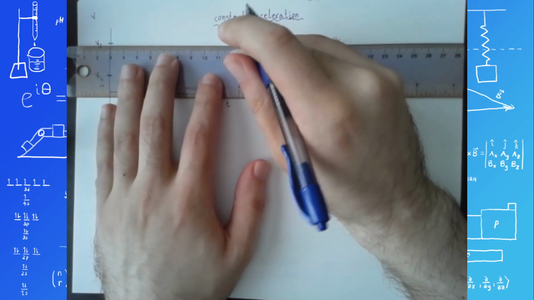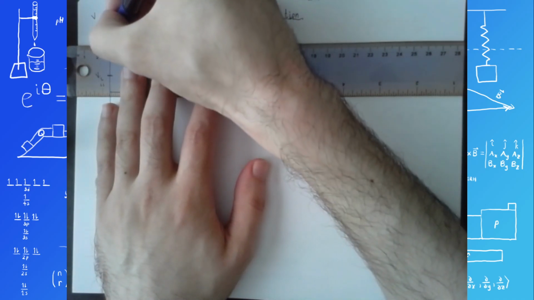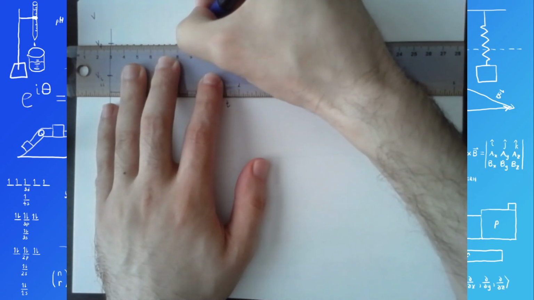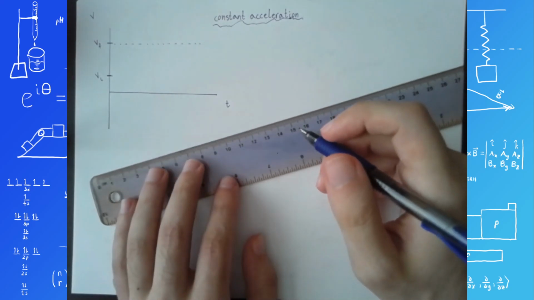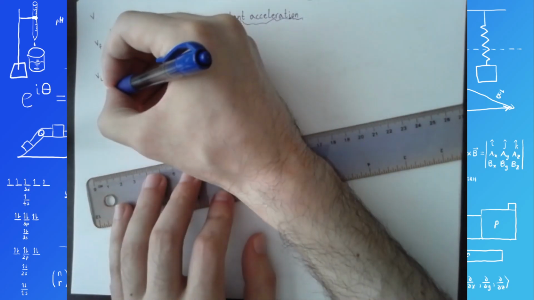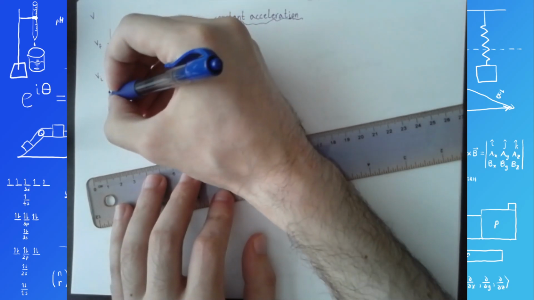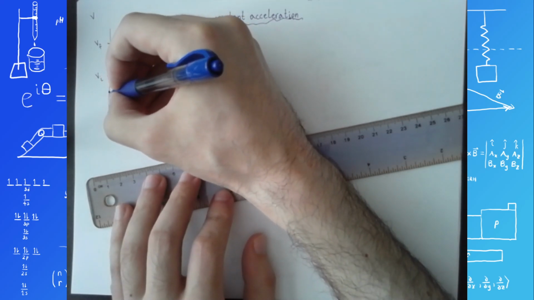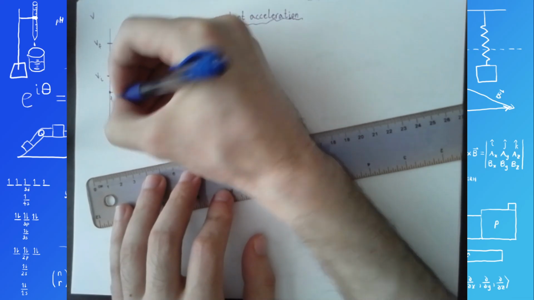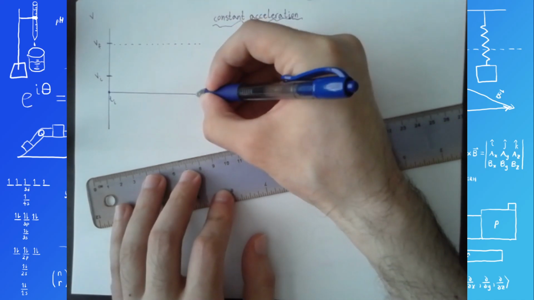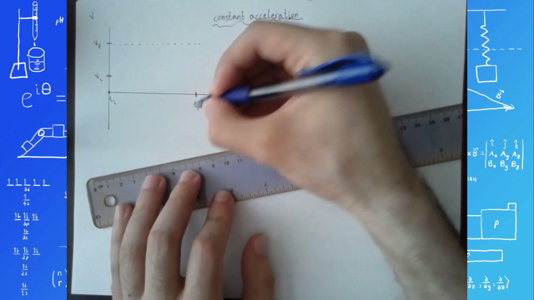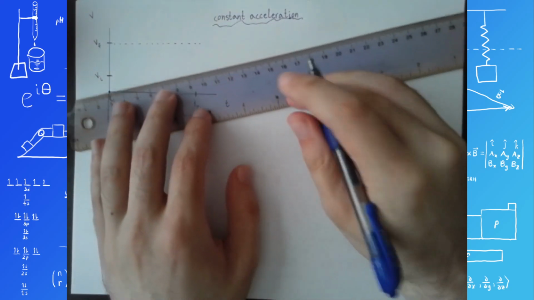Maybe I should draw some dotted lines here. Yeah, that worked nicely. And of course, it starts at some time, which I will call t initial. We could also just call it 0, but t initial over there. And by the time t final, let's say it's over here, it reaches a velocity of v final.